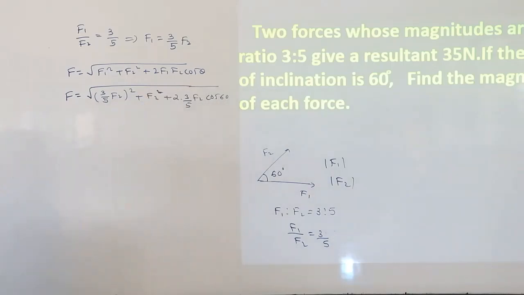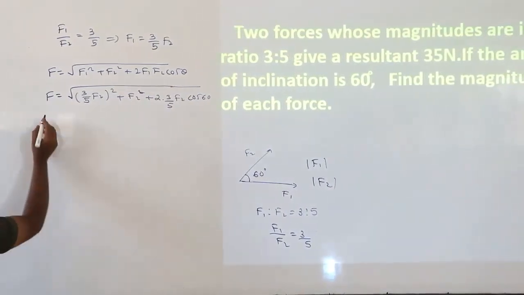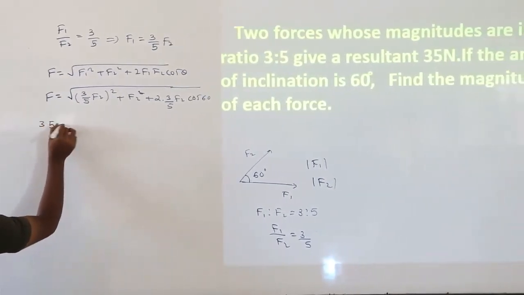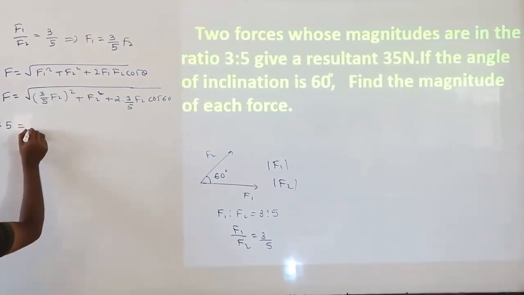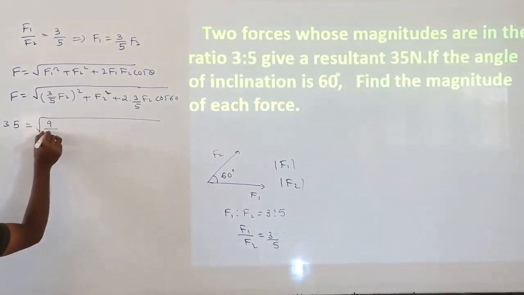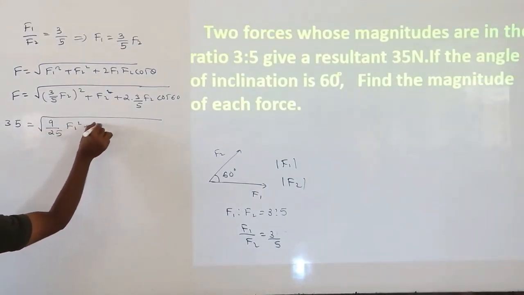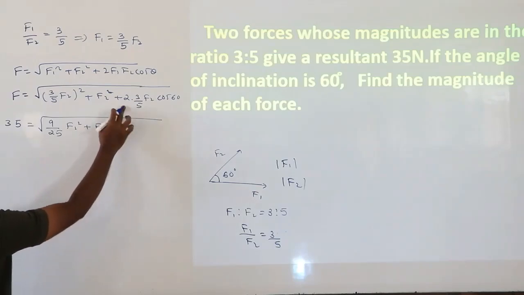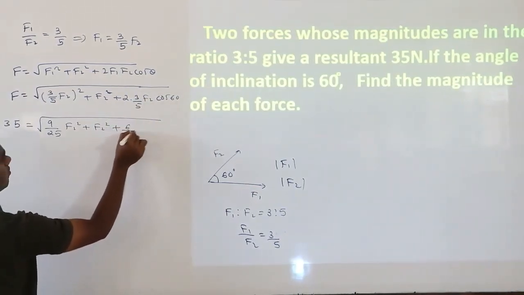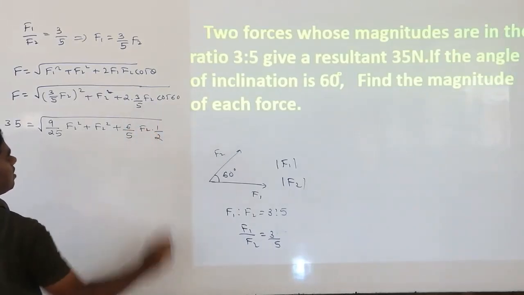So what is the resultant they have given? The resultant they have given is 35. So 35 equals the square root of 9 by 25 F2 square plus F2 square plus 6 by 5 F2 square times cos 60. What is cos 60? Cos 60 is 1 by 2.